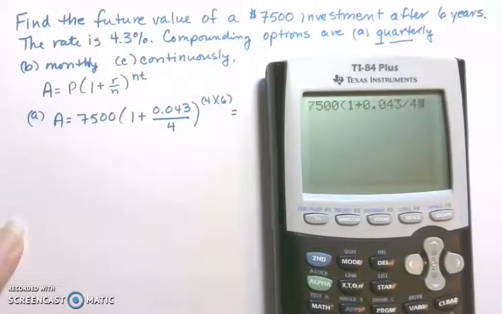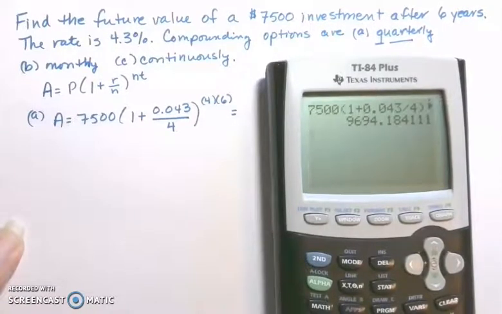Be sure and close your parenthesis, raise it to a power, and since I'm going to do the calculation inside the exponent, I'm going to put it in parentheses, 4 times 6, and also close that parenthesis.